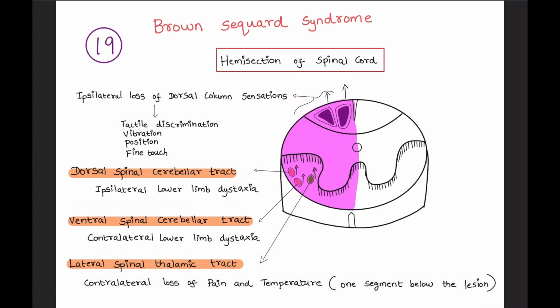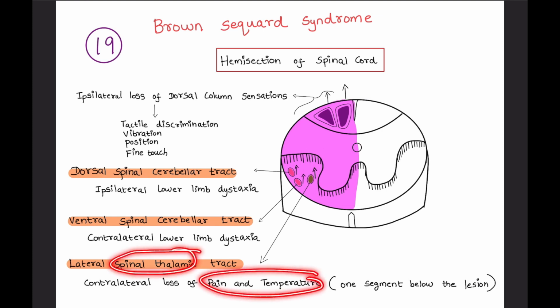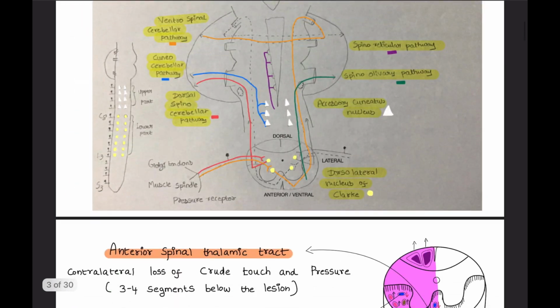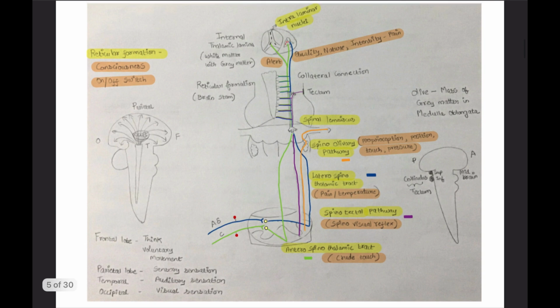Lateral spinothalamic tract is also affected. So what is the function of spinothalamic tract? Pain and temperature. So let us see the pathway of lateral spinothalamic tract. The lateral spinothalamic tract enters the spinal cord, it crosses and goes on the lateral side and then it moves upwards. So the lesion is a hemisection of the spinal cord.